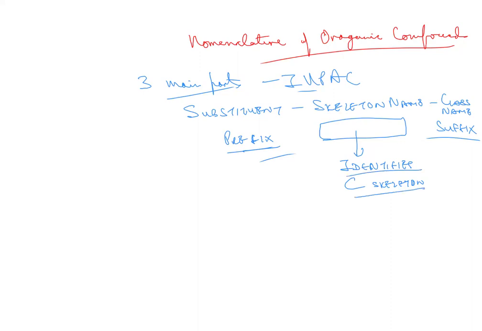So that's the skeleton part. Now this class name relates to the functional group, or if it has double or triple bonds. So functional group or double or triple bonds would be given by the suffix. Skeleton is the number of carbon atoms, or whether it's a cyclo compound or an aliphatic, that sort of thing. The prefix is just telling the substituent that is attached, maybe an alkyl group or some other group.